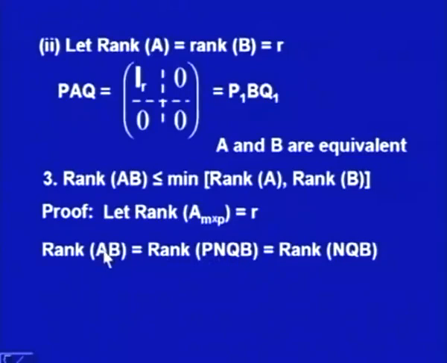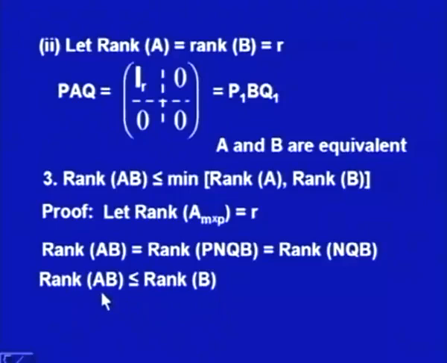So I am substituting P N Q for A. So rank of P N Q B is equal to rank of N Q B, because P and Q are non-singular transformations, so they will not affect the rank. That is why rank of AB is equal to rank of N Q B.